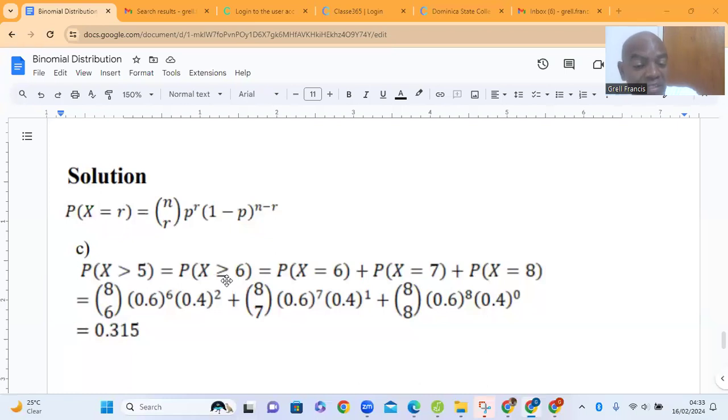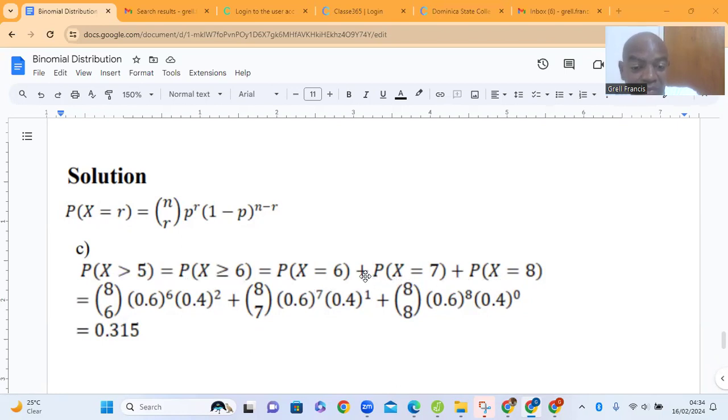It's 5, 6, 7, 8, 9, 10, whole numbers. So greater than 5 brings you to 6, so we start at 6. 6 is included: 6 or 7 or 8, because 8 is the sample size.